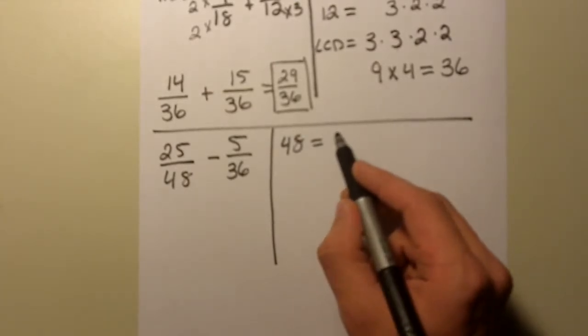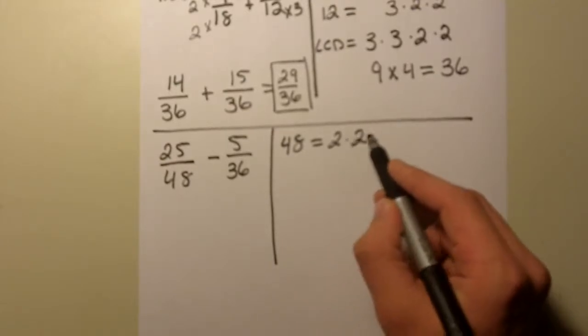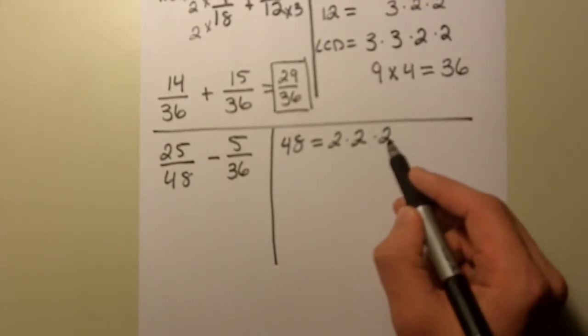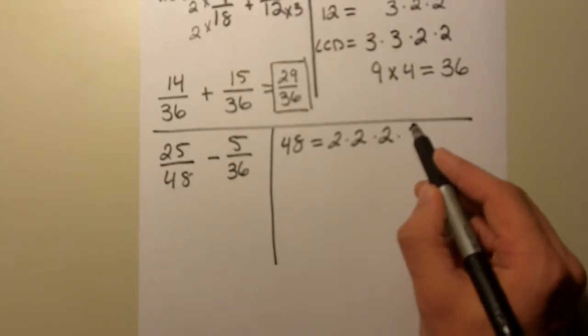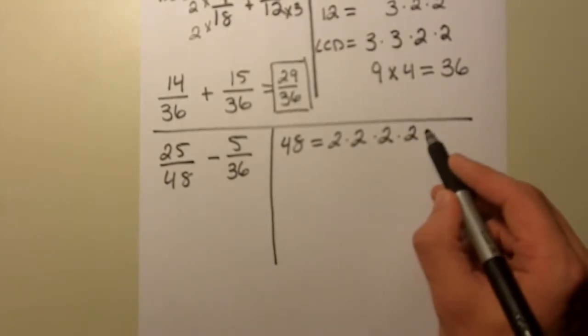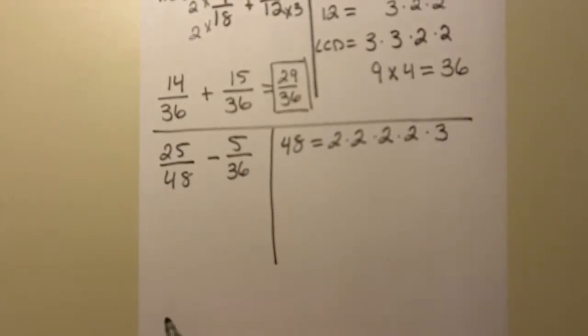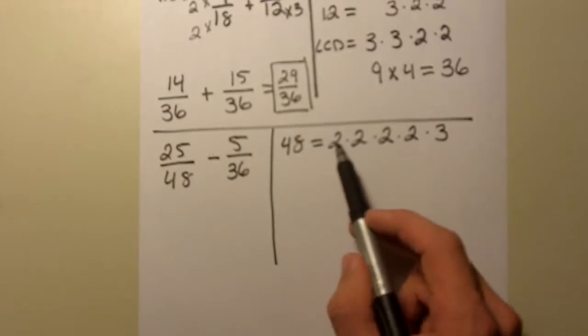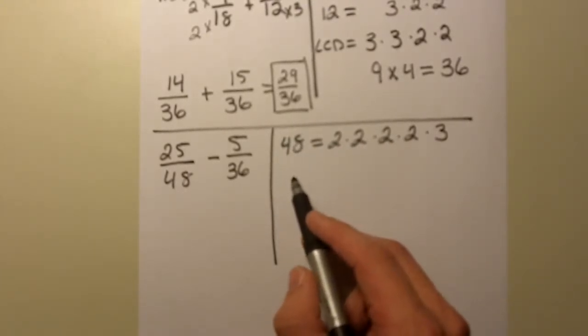Okay, so if we know this, we have 2 times 2 is 4, times 2 is 8, times another 2 is 16, and I know that 16 times 3 is 48. Okay, so the reason I took 2 is because it's the lowest prime number that I know will go into 48.